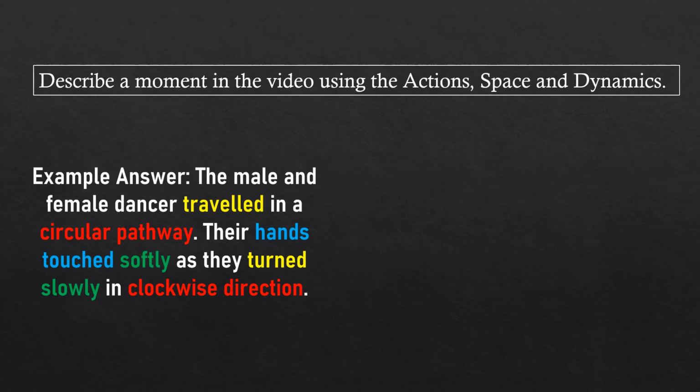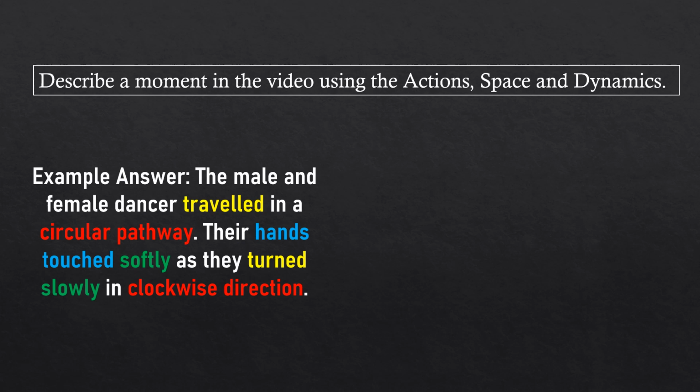Write down the actions you think I've used, the spatial elements and the dynamics you think I've used. Okay, so the actions that I've used are travelled and turned.